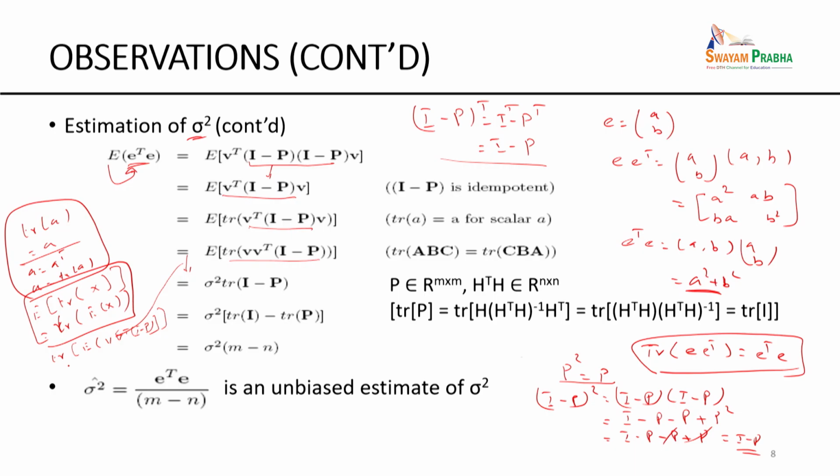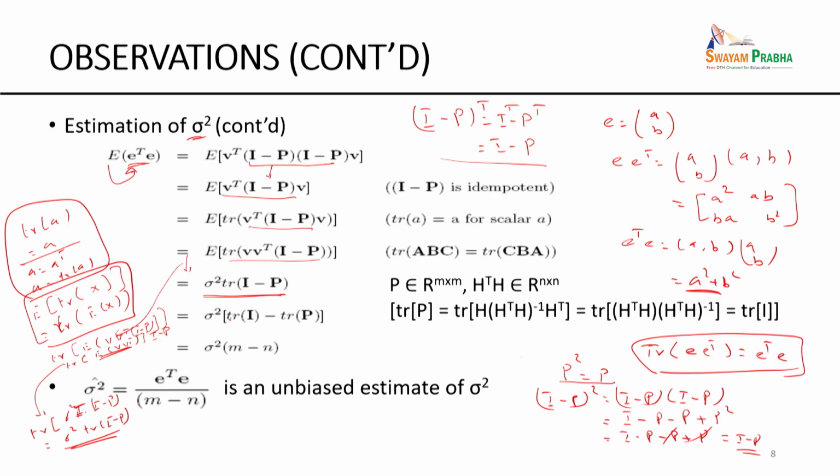I minus P is a constant. Therefore, this is a trace of E of VV transpose times I minus P. But the expected value of VV transpose is sigma square I, times I minus P. That is sigma square times I minus P, and that's equal to sigma square times the trace of I minus P. There is a non-trivial algebra involved.